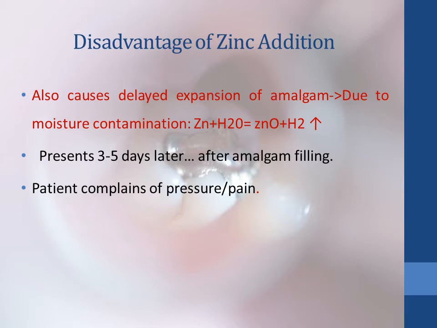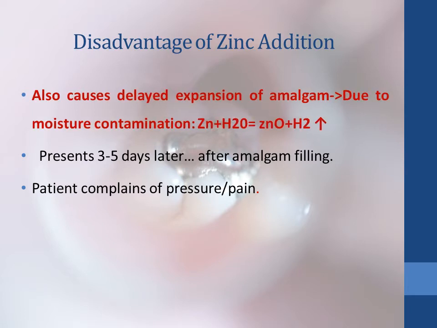This hydrogen gas is usually liberated 3 to 5 days later, and the patient complains of a pressure pain. This is because as soon as the hydrogen gas is released, the amalgam filling tends to expand and move out of the cavity, causing a pressure pain. This is known as delayed expansion, delayed because it always presents about 3 to 5 days later.